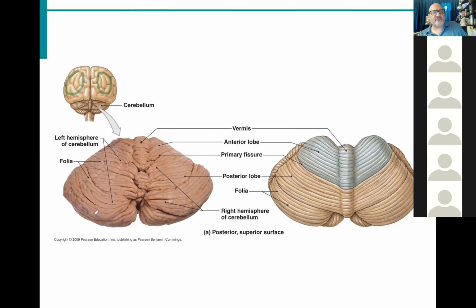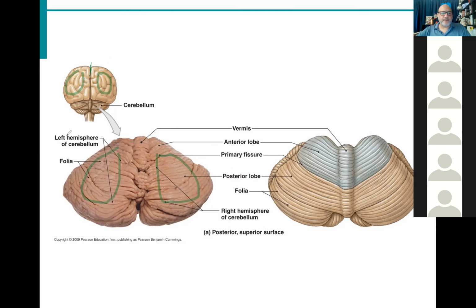Two hemispheres to the cerebrum, two hemispheres to the cerebellum. The big difference between the two is how they connect. Notice, as we've talked about, there is a huge, deep invagination, that longitudinal fissure that almost completely separates the two cerebral hemispheres from each other.